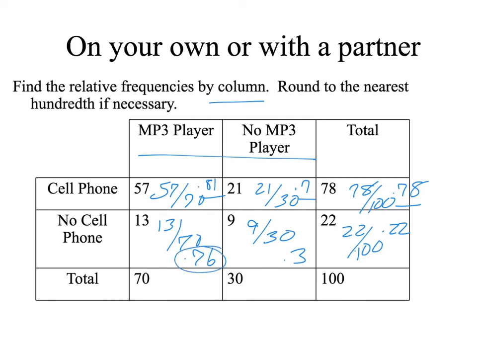That doesn't look right. 13 divided by 70. That's because I hit that button wrong. 13 divided by 70. I was going to say that should be further apart. That's actually only going to be 0.19.